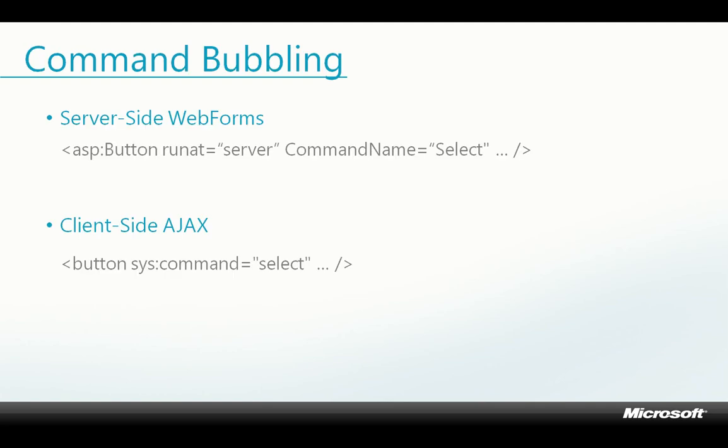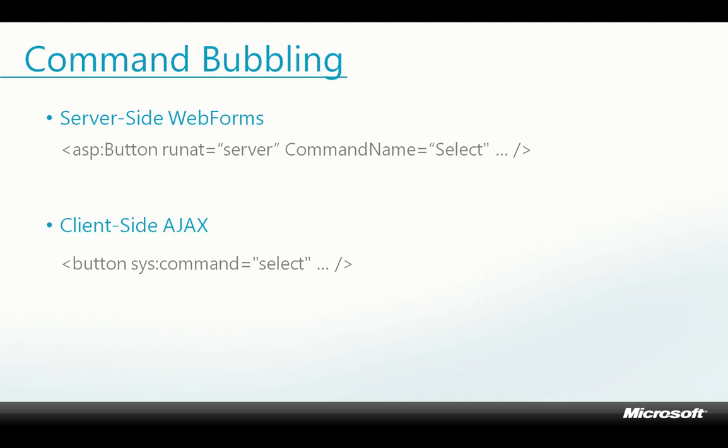In web forms, there are some server controls like button and link button that you can associate with a select command. And then parent controls can be aware of certain types of commands and can respond to them regardless of what it was specifically that triggered the command. ASP.NET Ajax 4.0 lets you do this same thing in JavaScript.